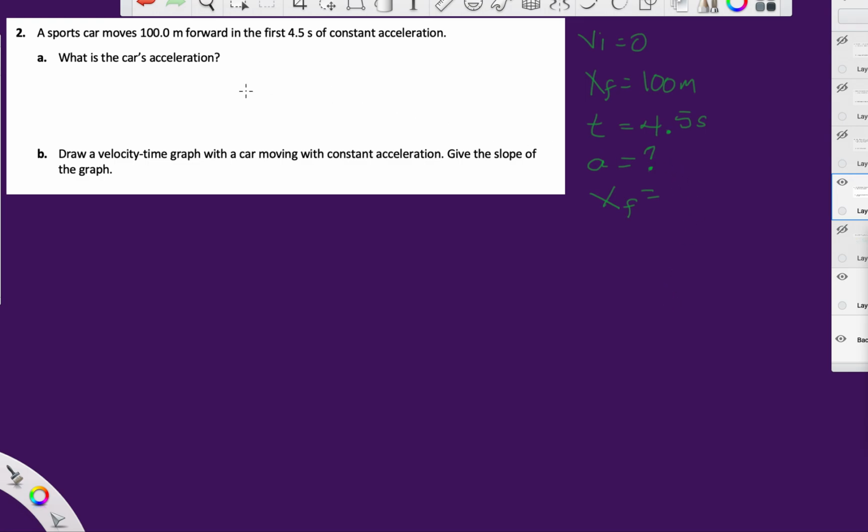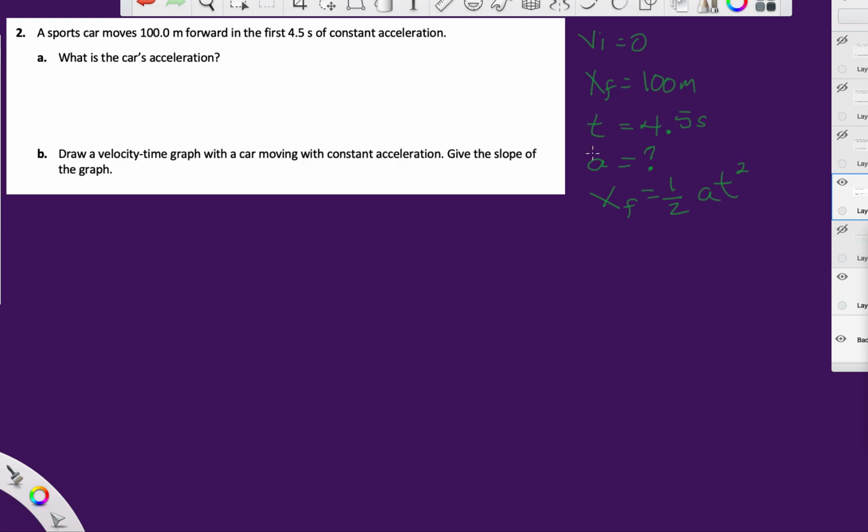We don't have an initial velocity, which is 0, so I'm going to leave that out because 0 times 4.5 is still 0. So all I'm going to deal with is 1/2 a t squared.